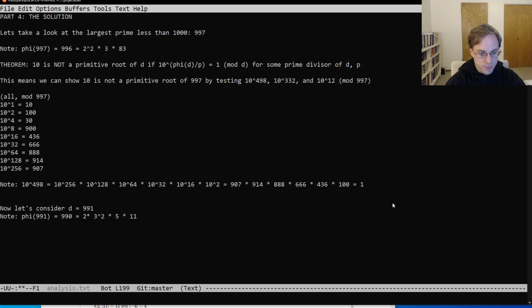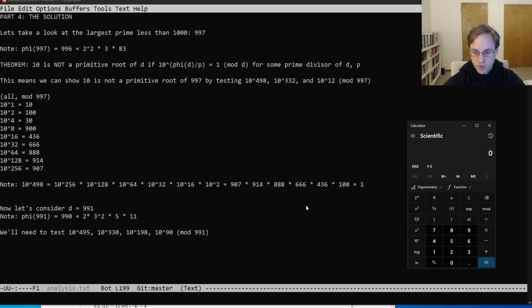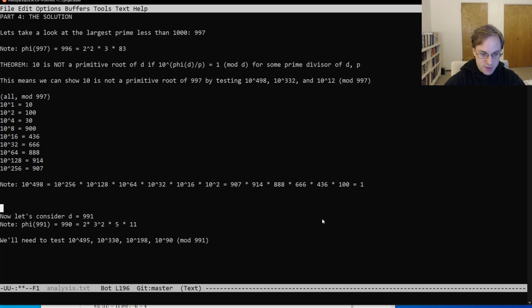Okay, so we'll need to test 10 to the 495, 10 to the 330, 10 to the 198, and 10 to the 90th, mod 991. And I guess I should just add up here. Key result, 10 is not a primitive root mod 997.